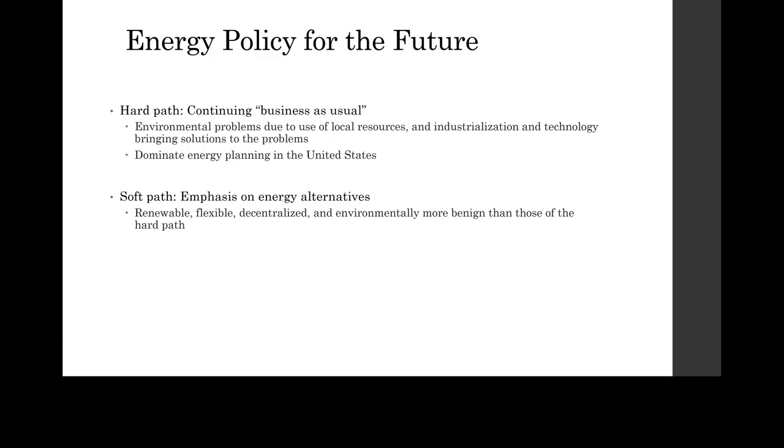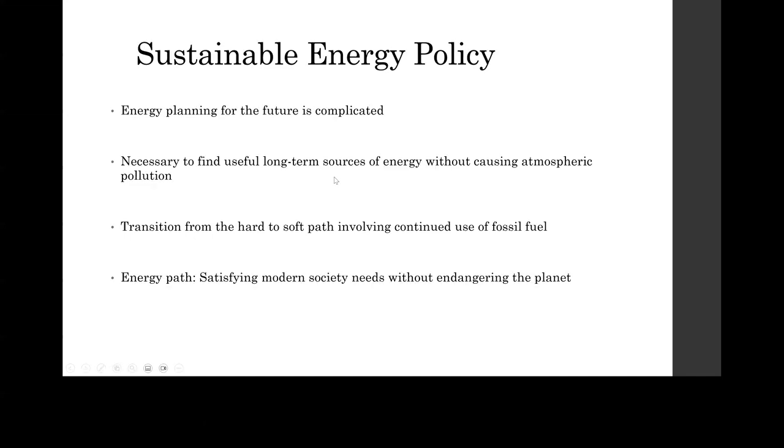But this involves using more natural gas, more nuclear power, and other alternative energy sources. For sustainable energy, we need to find a new energy path, because the age of cheap oil is coming to an end. And this is reality, whether it comes this year or 20 years from now.